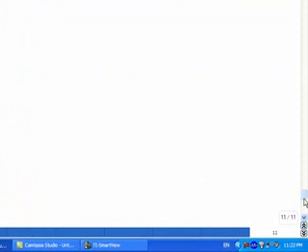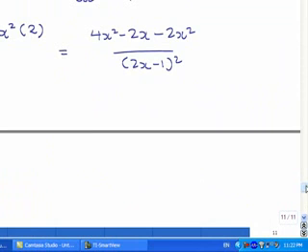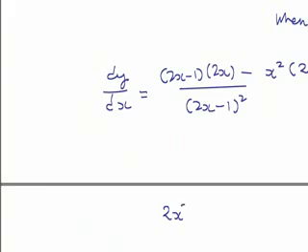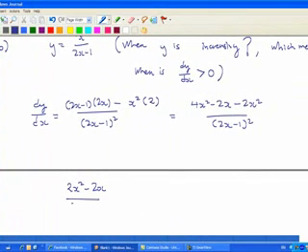Okay, this one you have to be a bit careful. I will actually have 2x squared minus 2x over (2x minus 1) squared.